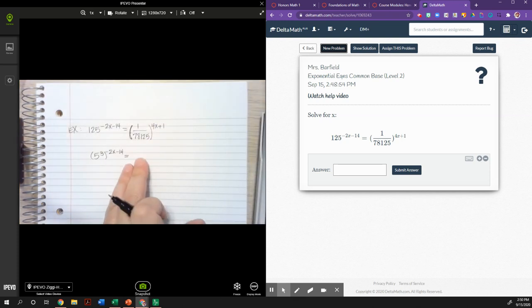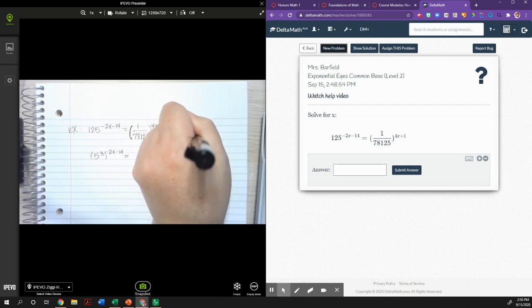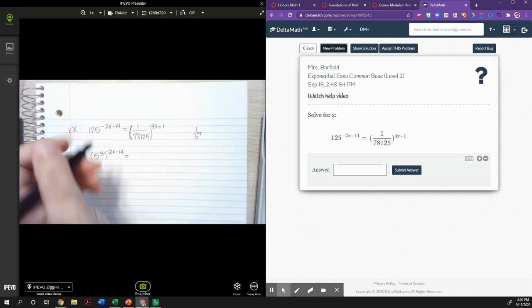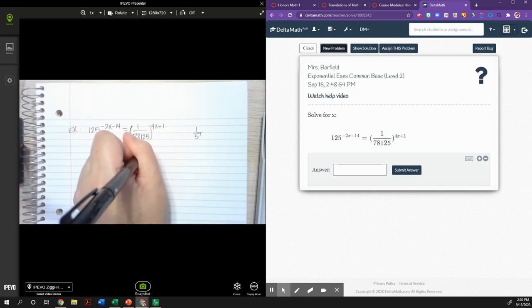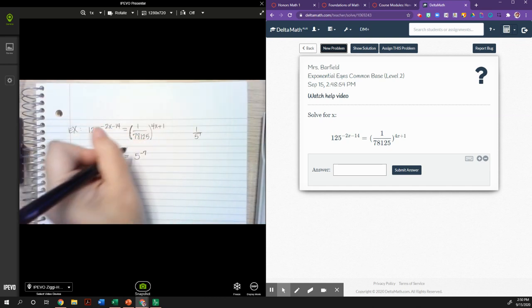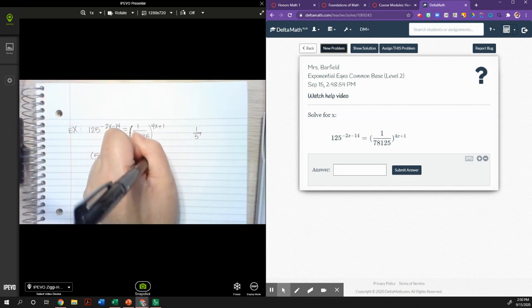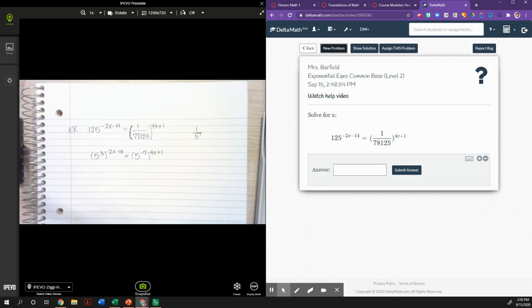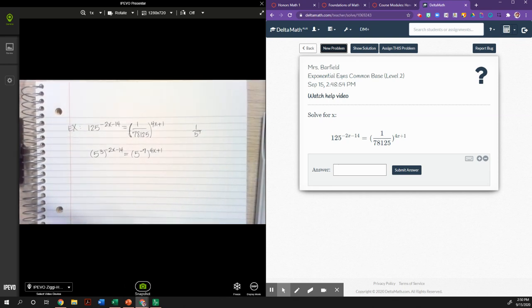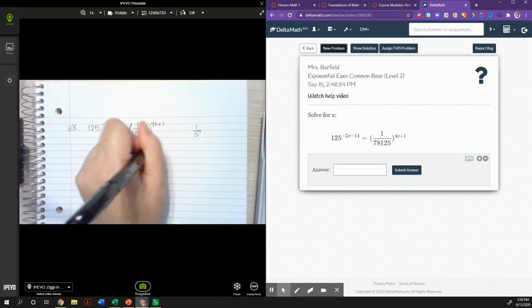Now because it's a fraction, that would be 1 over 5 to the 7th. So I'm just going to write that as 5 to the negative 7, to the 4x plus 1. Now I'm going to multiply.